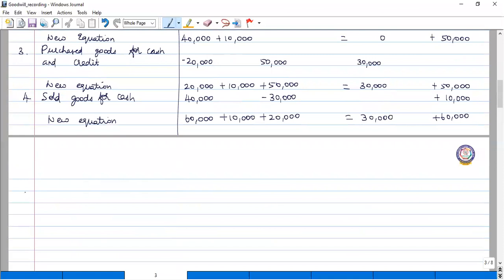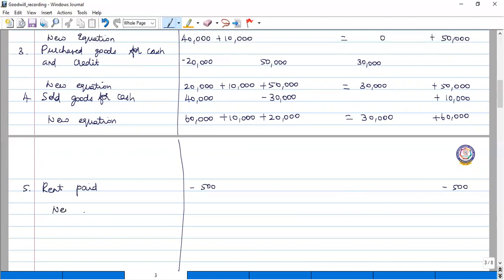Coming to the fifth transaction. Rent paid rupees 500. Rent paid. So we have paid it out of the cash we have. Okay. And as it is an expense, we have to subtract it from our capital. Okay.